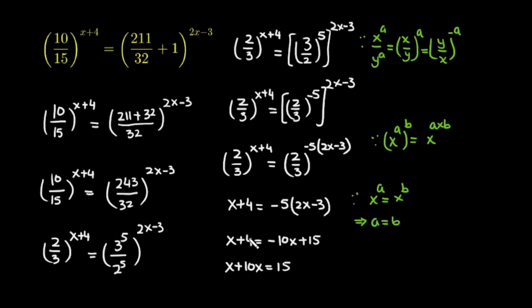Shift this plus 4 to this side. So this is minus 4. So in the next step, x plus 10x, this is 11x is equal to 15 minus 4, this is 11. So this implies that x is equal to 1.